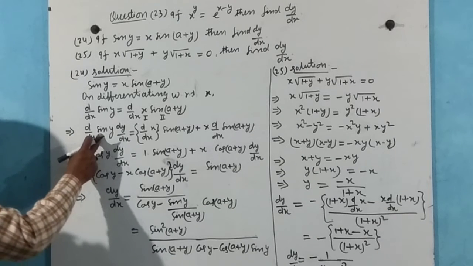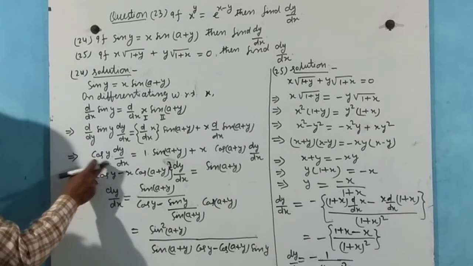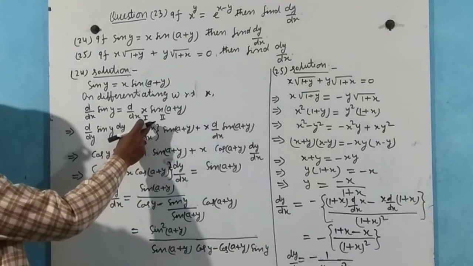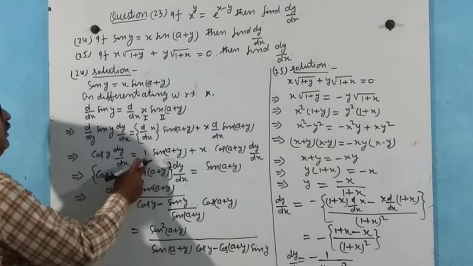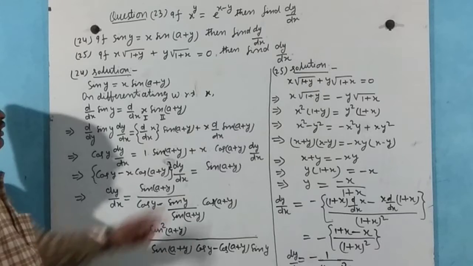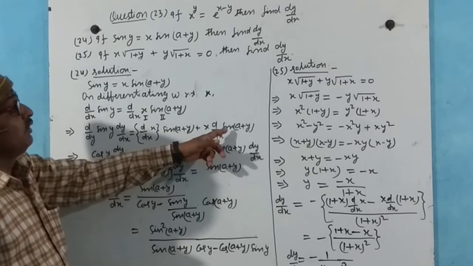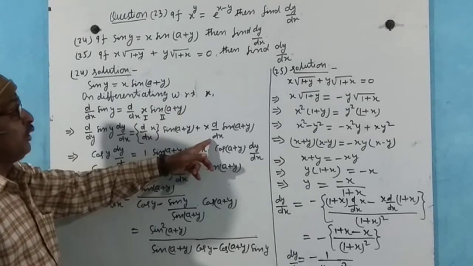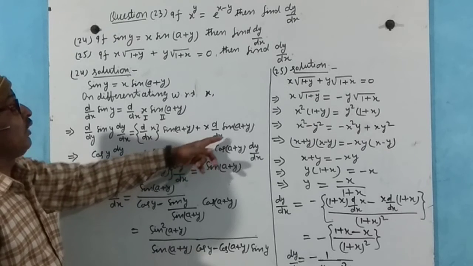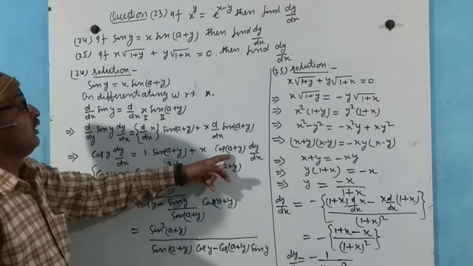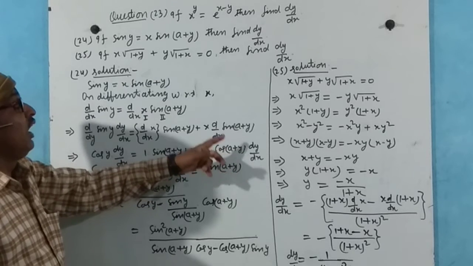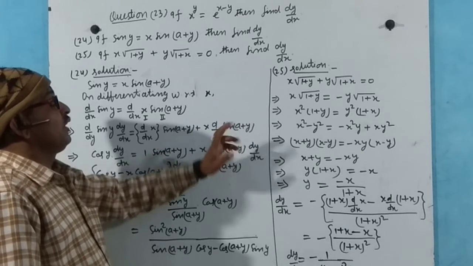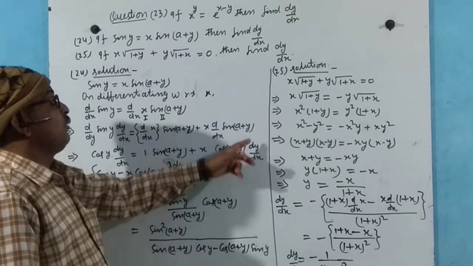Now sin y with respect to y equal to cos y dy by dx, equal to differentiation of x, dx by dx equal to 1, into sin(a plus y), plus x into cos(a plus y) into d by dx of a plus y, so that differentiation of a equal to 0, that is equal to dy by dx.